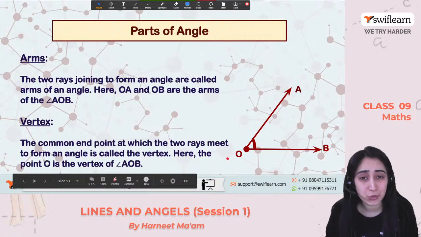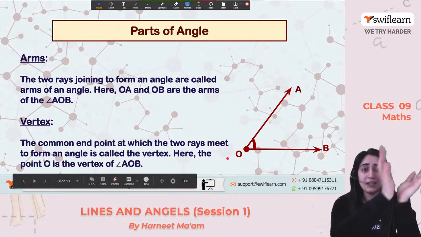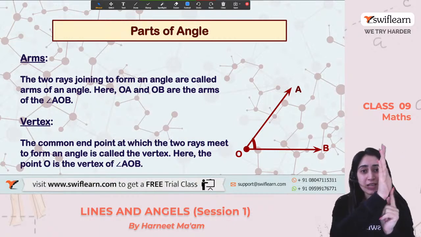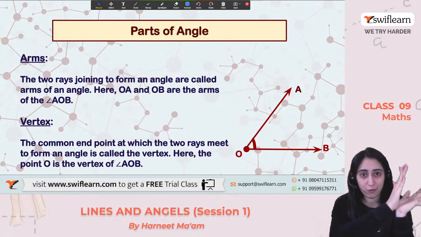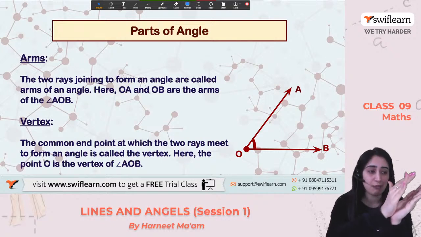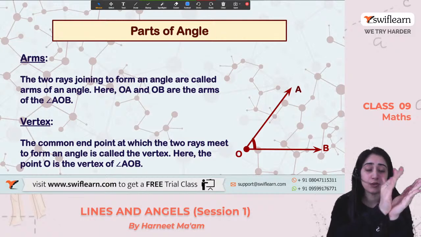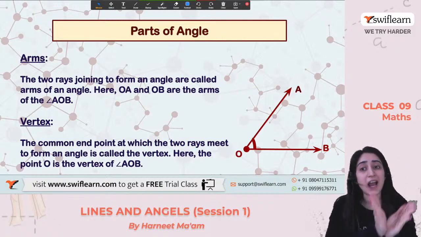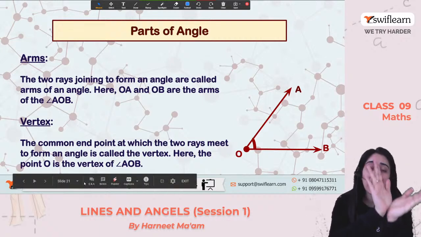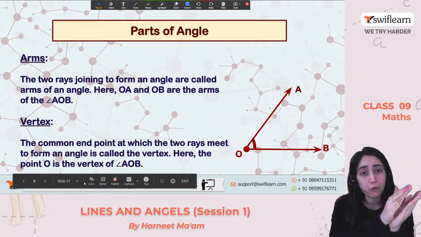Am I clear with this one? Yeah, pretty easy, right? These are the arms, the two hands. The point at which they are touching each other, we call it a vertex. And the area in between can be this one, this one, or this one. It depends on the degree of the angle we are talking about. How big am I opening? How small am I opening?